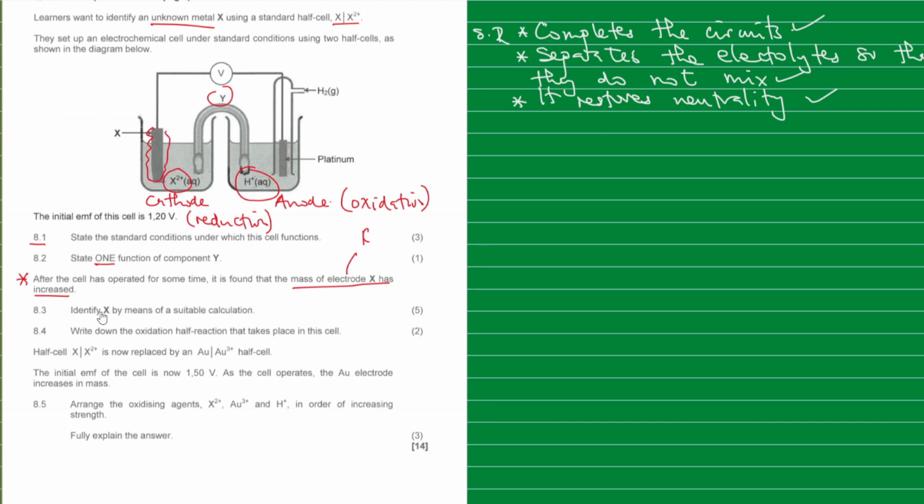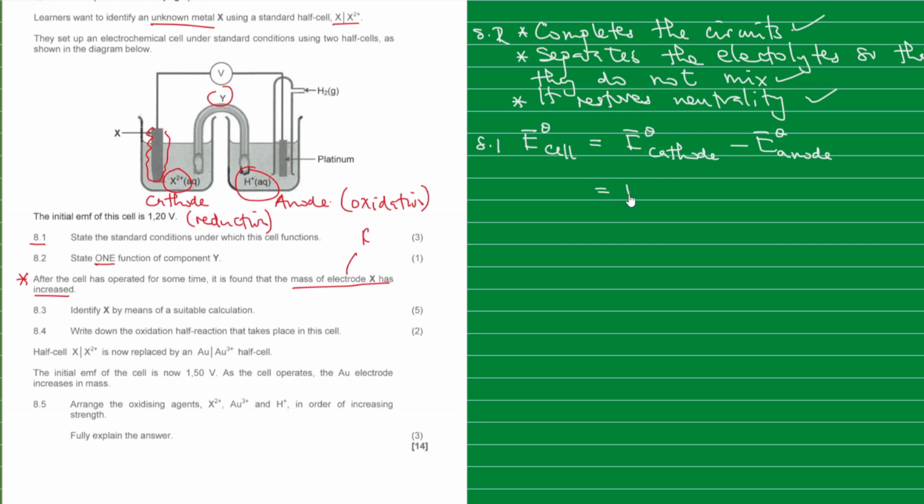So now, to calculate this, we have to use the equation for the E standard for the cell. The standard cell potential, pronounced E naught, E0, or E standard for the cell, is calculated as the E standard for the cathode minus the E standard for the anode.